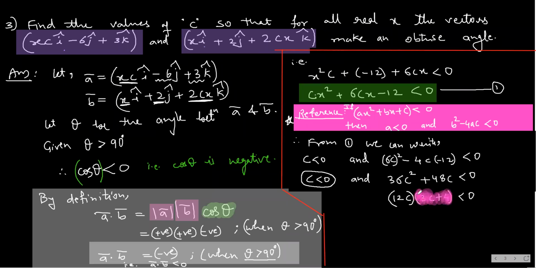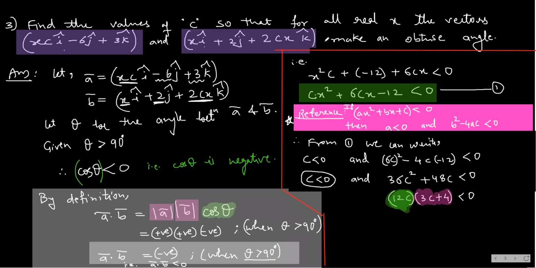If this part is negative, then 3c plus 4 has to be positive. Then only the product will be negative.